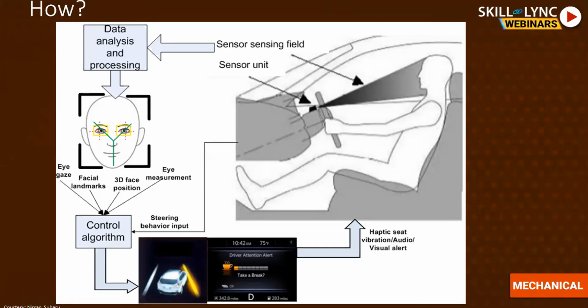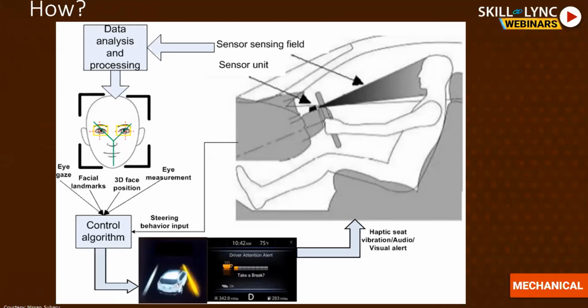Eventually, all this information is processed and provided back to the driver in the form of haptic seat vibrations, audio-visual alerts. These are different ways of alerting the driver when a potential imminent danger is coming. In recent OEM product lines, these are the most common way of indicating to the driver.